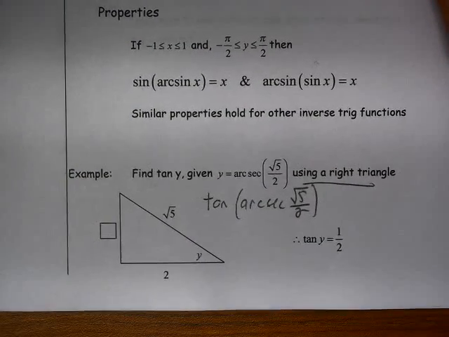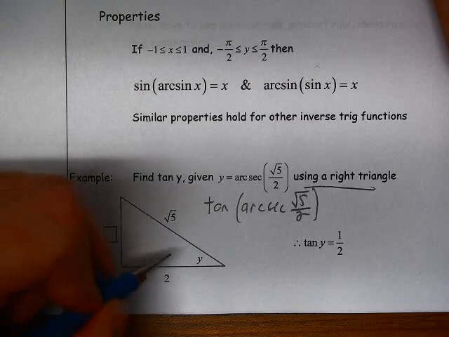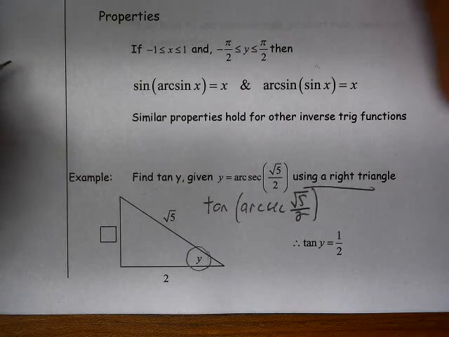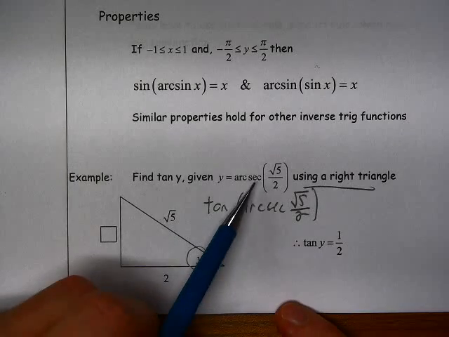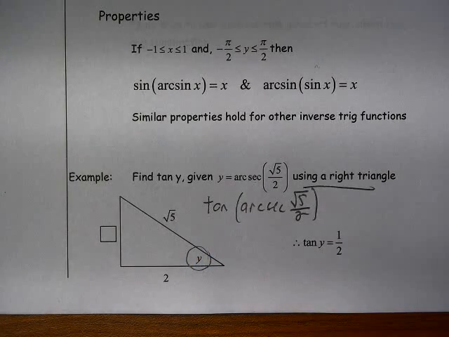All right, and so in order to do that, if I think about the angle y, I can build a right triangle knowing that the arc secant, the inverse secant, is √5/2.